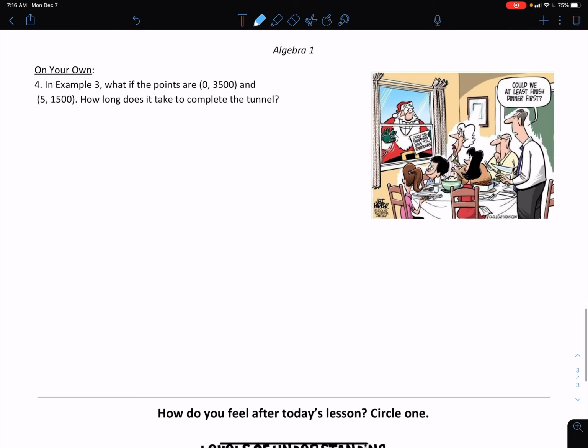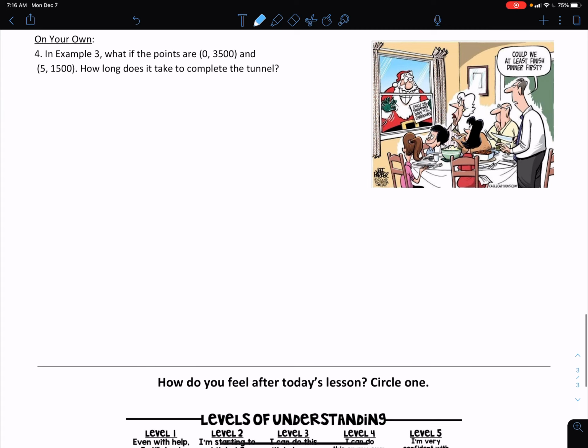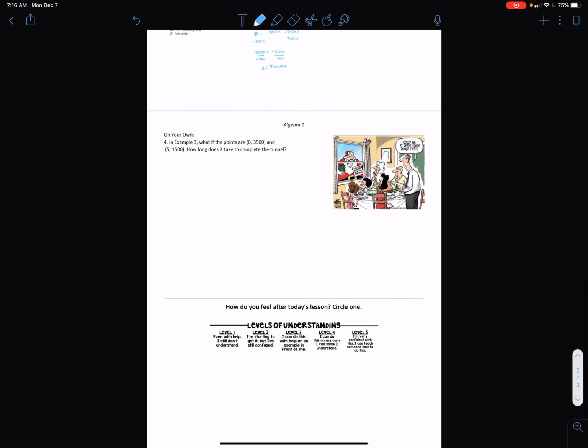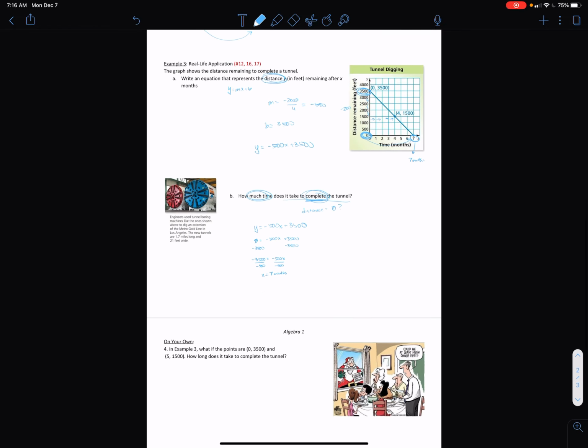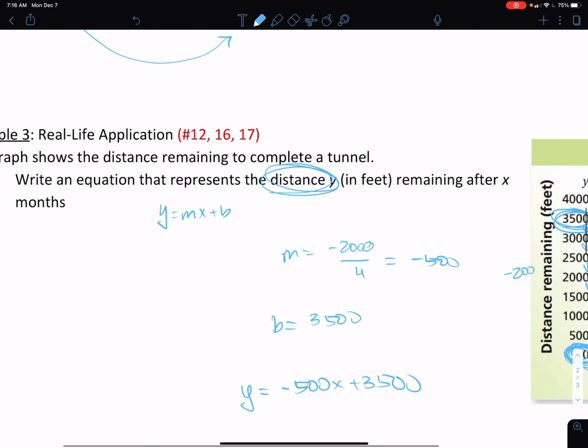Why don't you do number 4 on your own and then circle your level of understanding. You do have Big Ideas Math for homework today, and I will explain a little bit about that too. So your homework is BIM, but I do want to preface you real quick. Take a look here for number 12. I'm trying to help you out here.